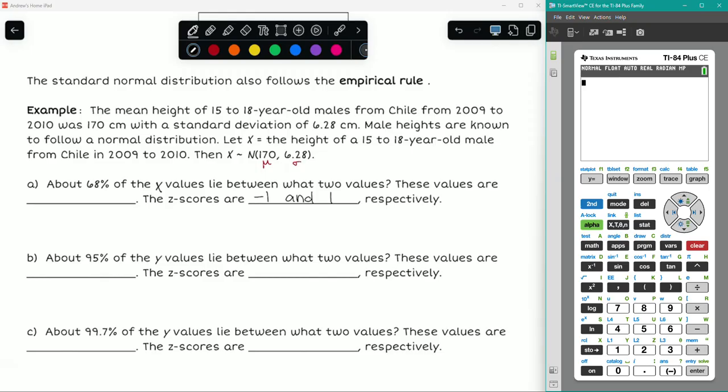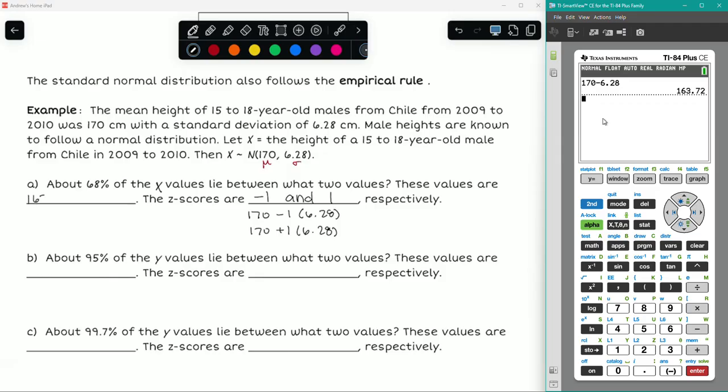To find those, I'm going to take my mean and subtract 1 times my standard deviation, and I'm going to take my mean and add 1 times my standard deviation. So 170 minus 6.28 is 163.72.